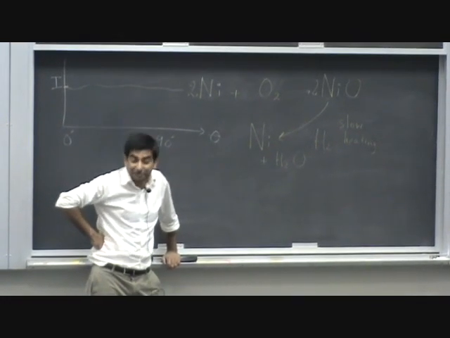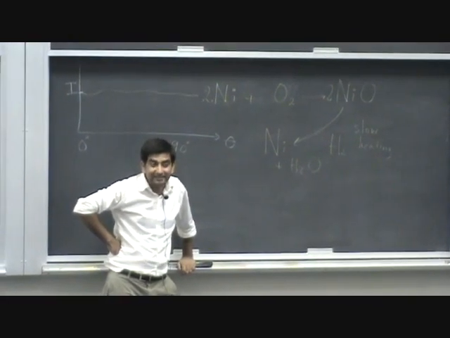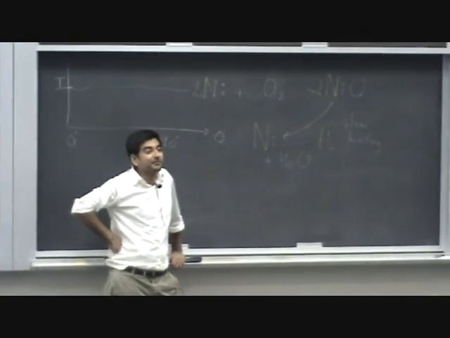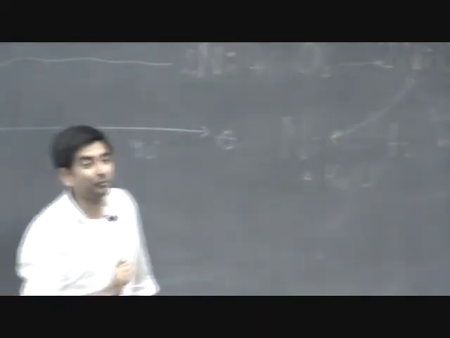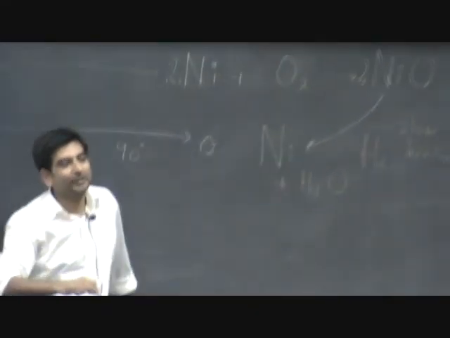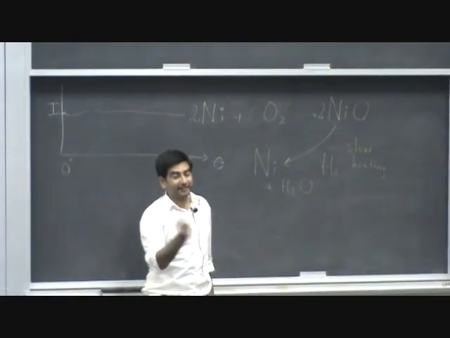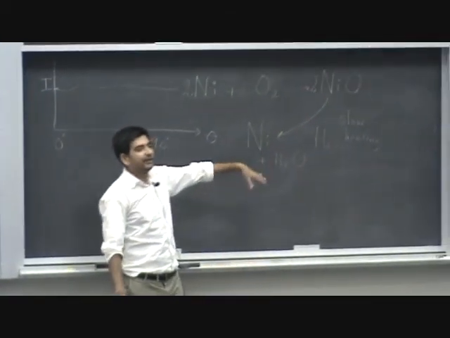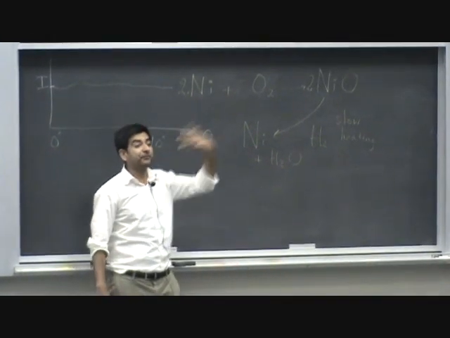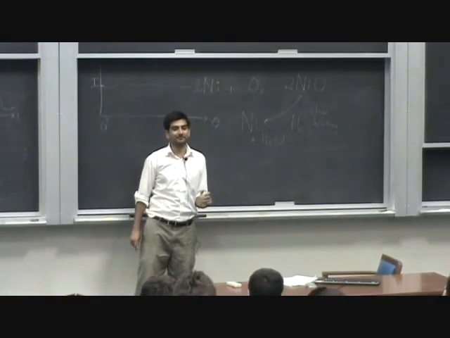Because hydrogen is flammable, it catches fire. So they had to be very, very careful and patient and cautious about heating the assembly. So they very slowly heated the nickel oxide in the presence of a flowing stream of hydrogen, got back nickel, established the vacuum again and performed the experiment again.